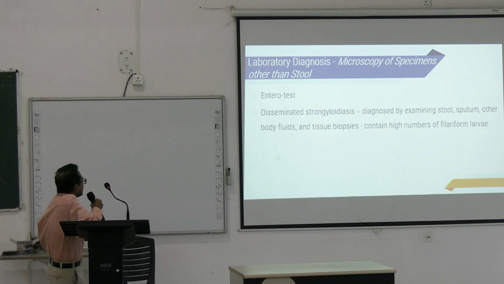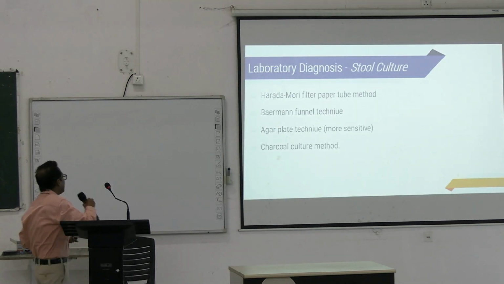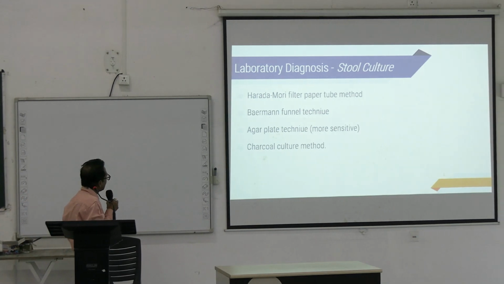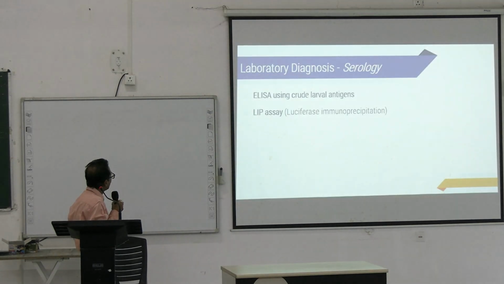How will you diagnose Enterobius? Diagnose by examining stool, sputum or any body fluid. Again, the Harada-Mori filter paper method for stool culture, the Baermann funnel technique and agar plate technique are more sensitive. ELISA using crude larval antigen.